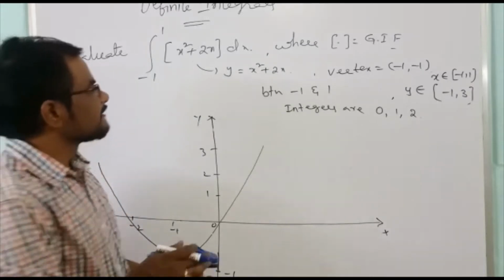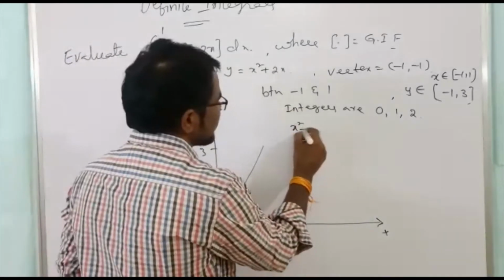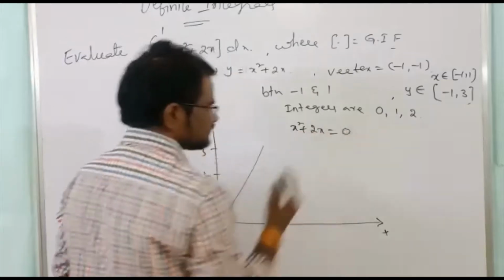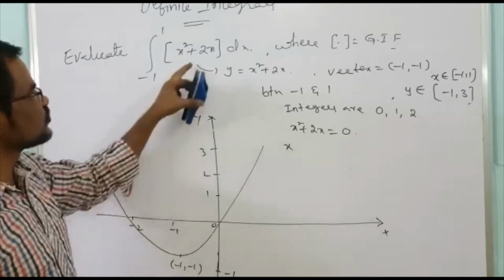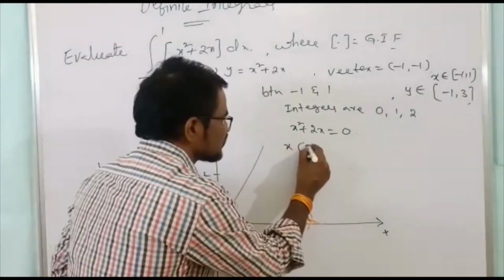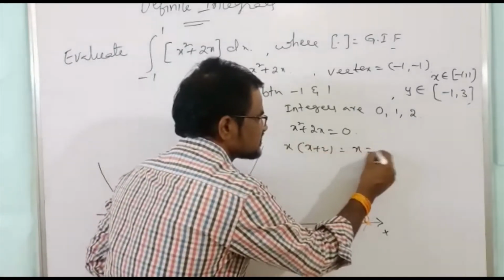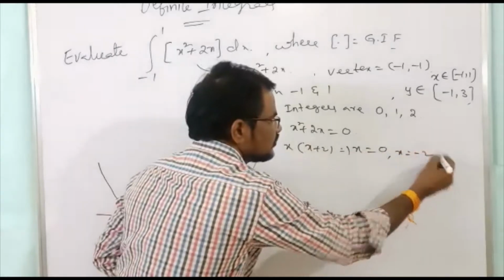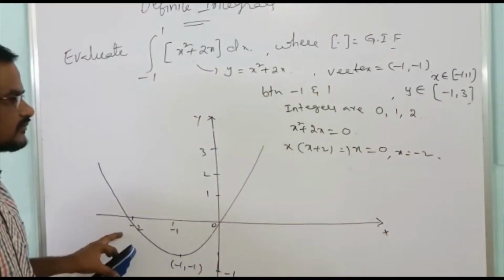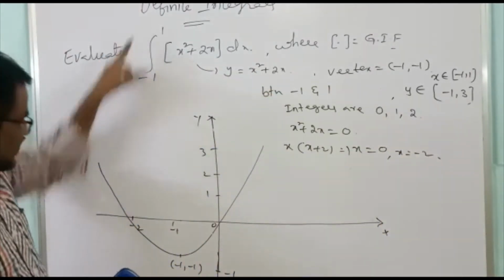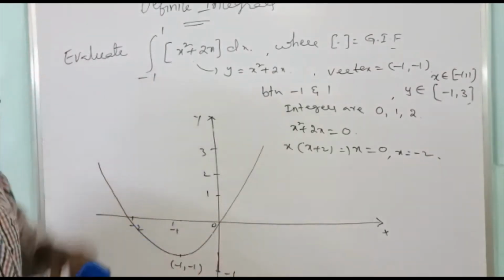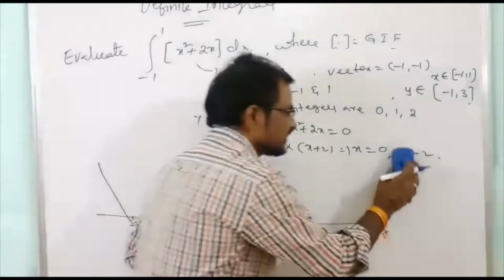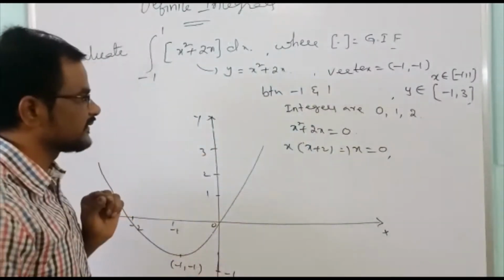So here if you take x square plus 2x equal to 0, x into x plus 2 equal to 0 means x equal to 0, x equal to minus 2. But between -1 to +1 only we have to find the integral value of this one. So no need to consider here -2, already 0 you take.